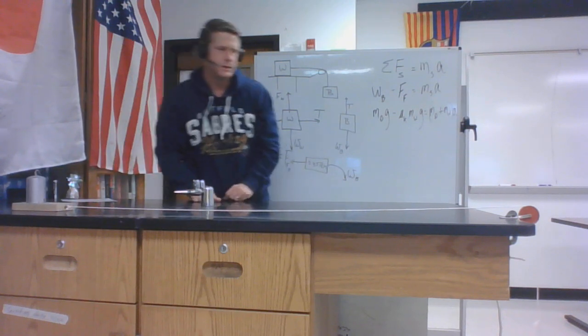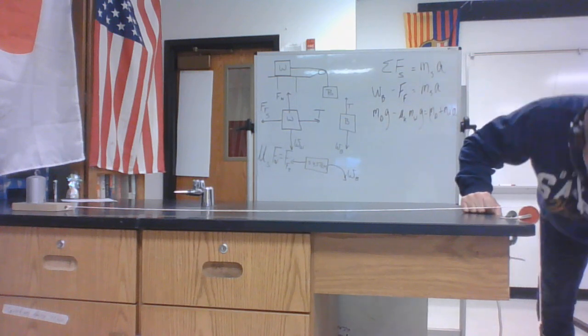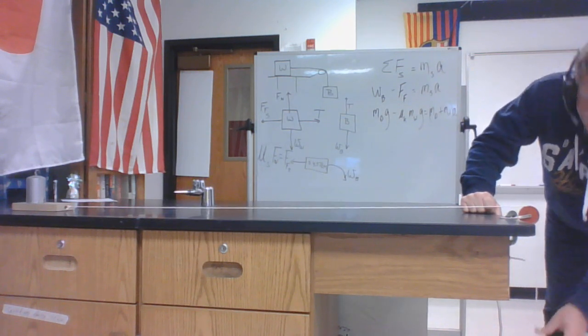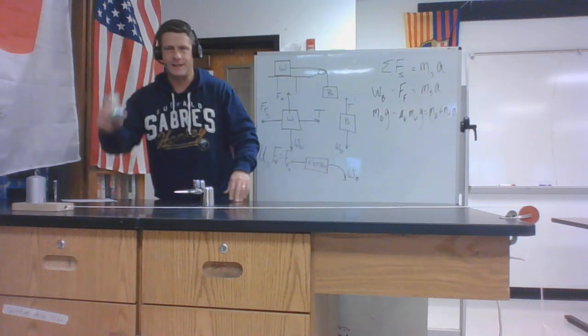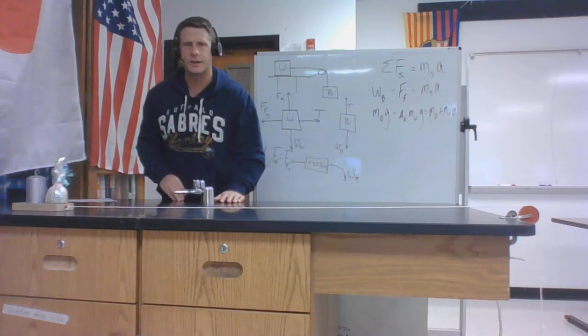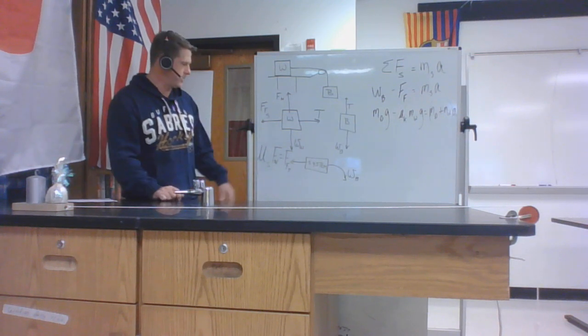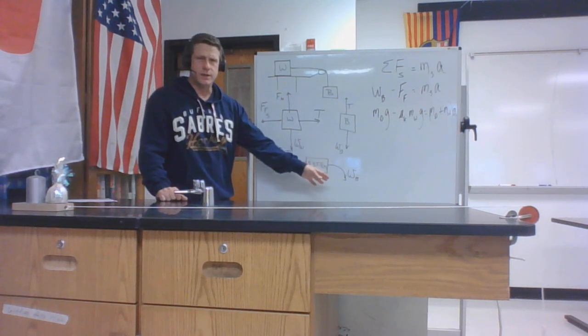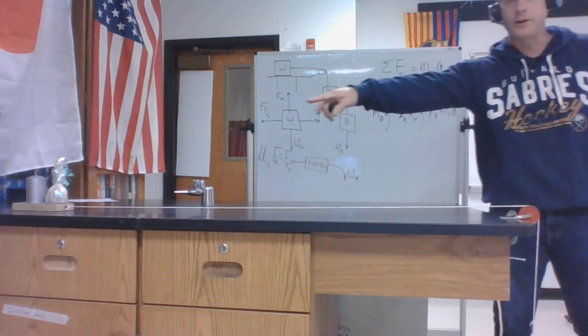Now let me show you something else here. Let's add this thing, that's our little thing we saw from our Atwood video before. Again, we know that the static friction force is equal to this weight that's going down. But that's a variable force, remember.